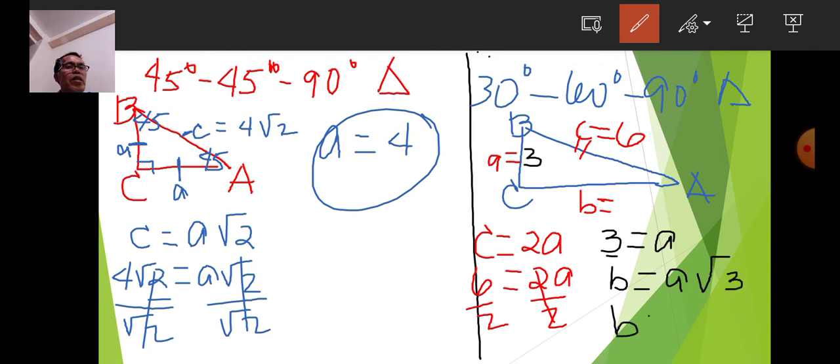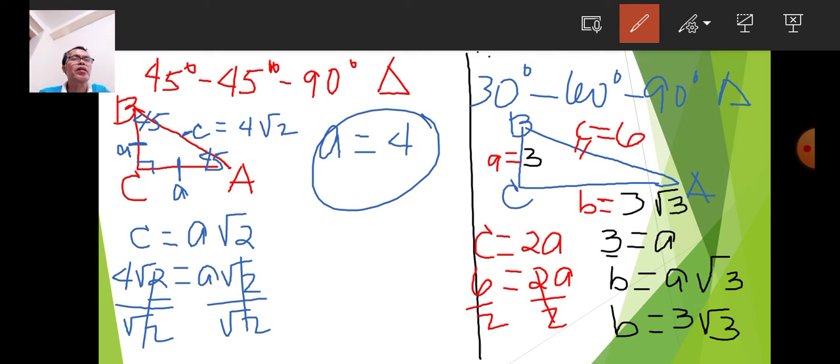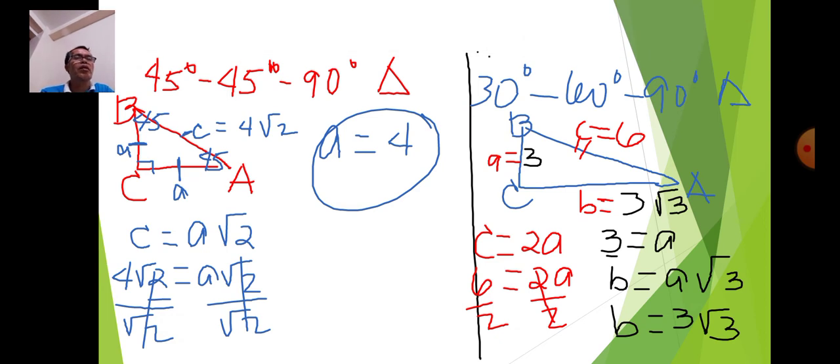So A is 3, and B is 3 times the square root of 3. So therefore our B now is 3 times the square root of 3. Okay, so those are the 6 trigonometric ratios and the special angles on how to solve the right triangle.